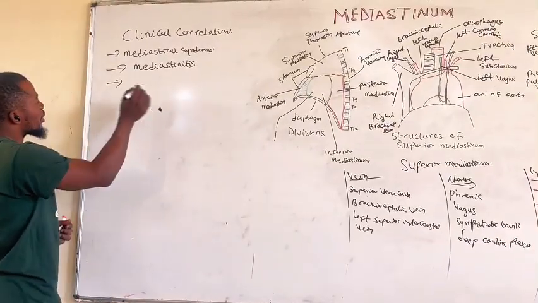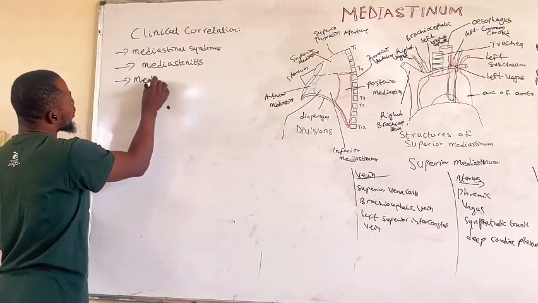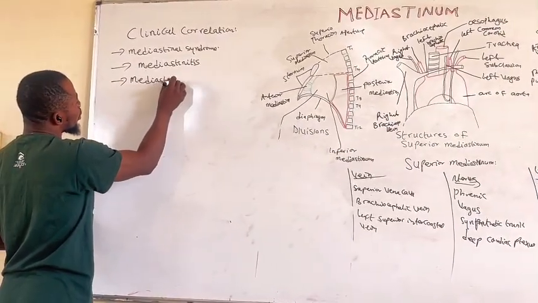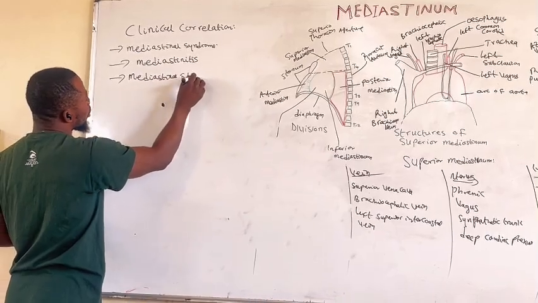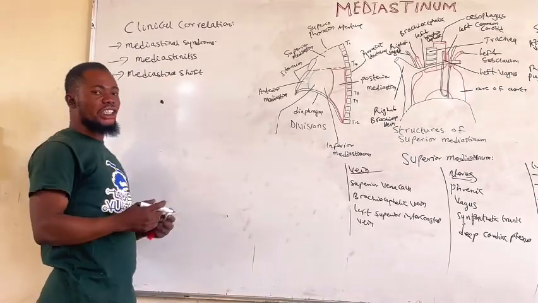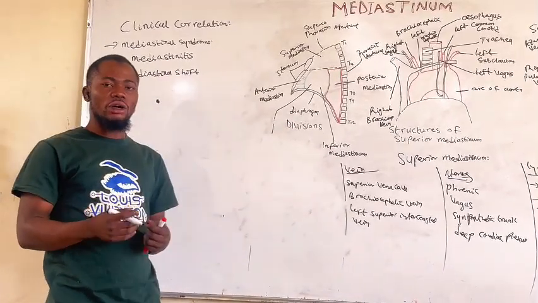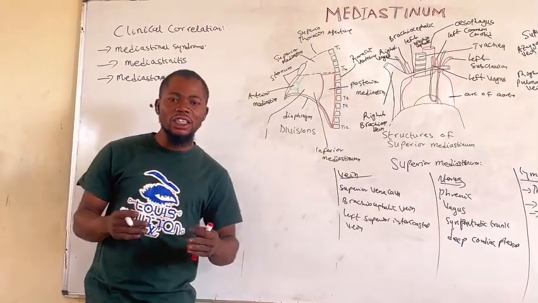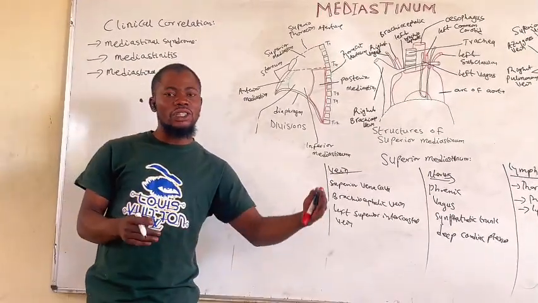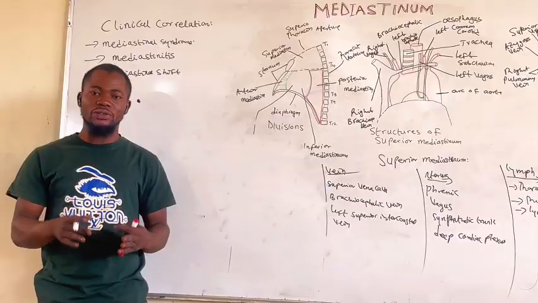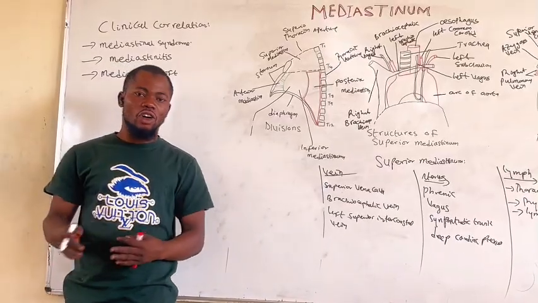Another one is the mediastinal shift. The mediastinal shift indicates a lung pathology, and the mediastinum can shift to either the affected or diseased side, as well as to the normal or healthy side.